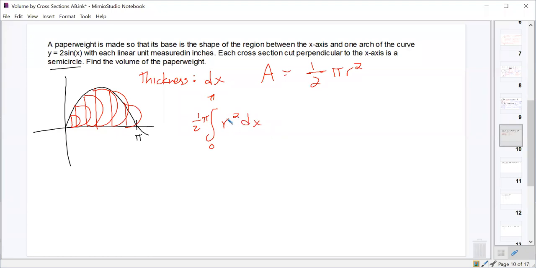I need to put it in terms of what there? Right, in terms of x. Well, what's the radius of one of these semicircles? Value of the function over 2. Right, the radius should be y over 2, or just sine x. Good or no?